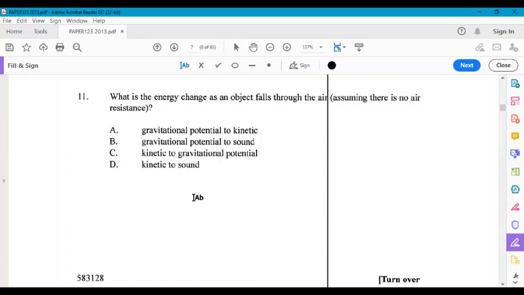So if you think about what happens when an object falls, before it starts to fall, when it's at its initial position, some height off the ground, all the energy it possesses is gravitational potential energy. As soon as it starts moving and it gets lower and lower, closer to the ground, the amount of gravitational energy that it has decreases and the amount of kinetic energy that it has increases.